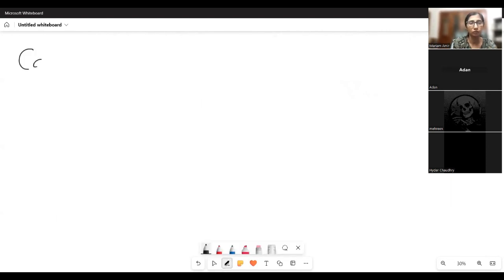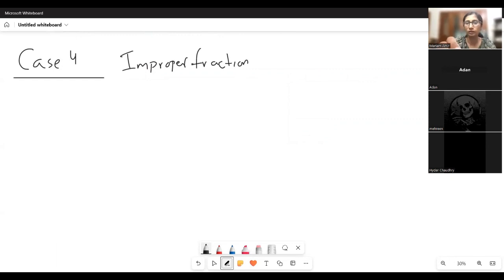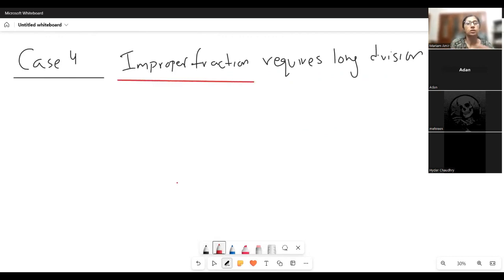Case 4 is when we have an improper fraction. Improper fraction requires long division. Okay. What is an improper fraction? Which of these is improper, 3 upon 5 and 5 over 3?